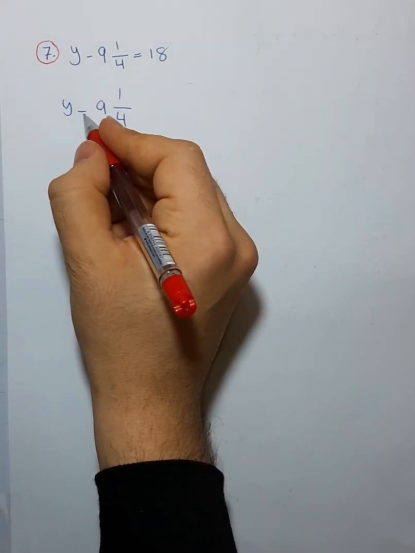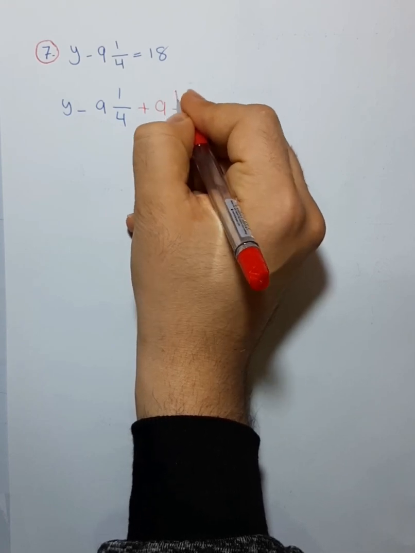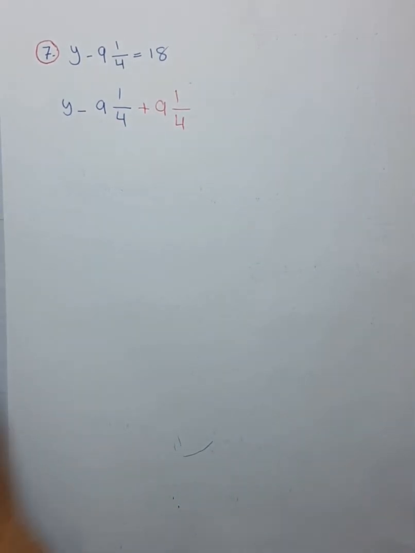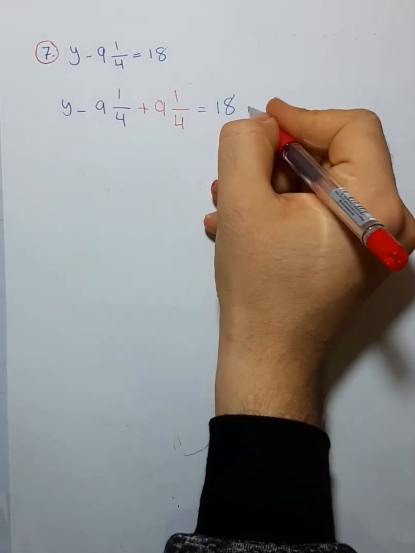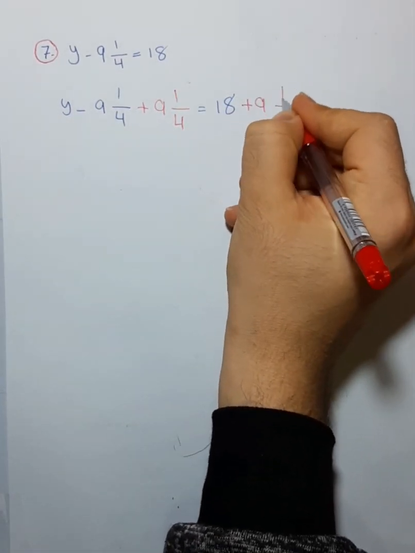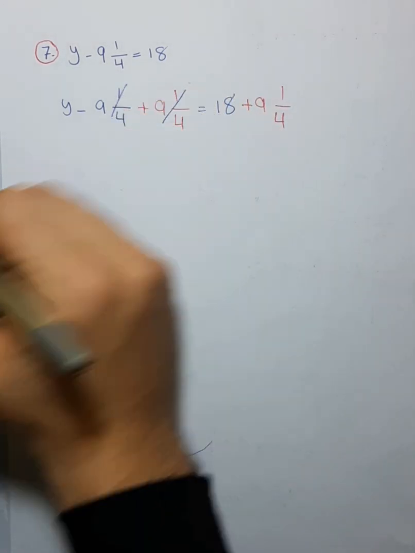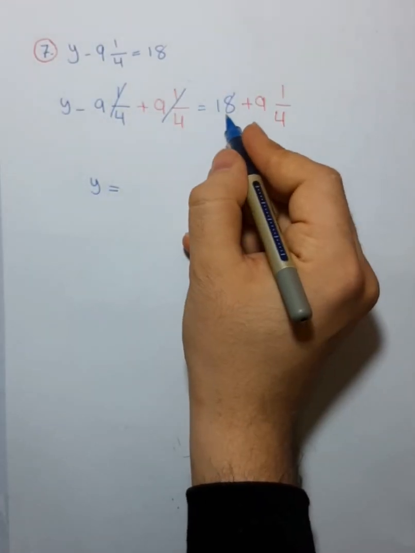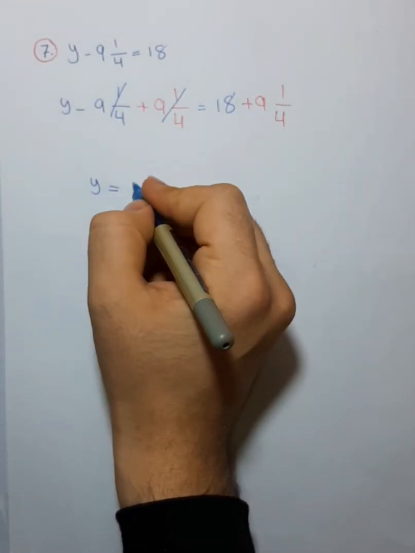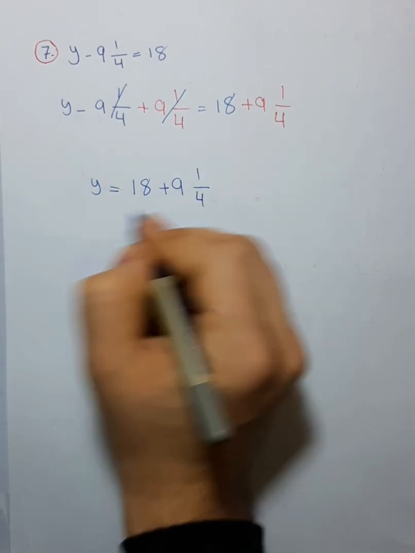The inverse of minus 9 and 1 out of 4 is plus 9 and 1 out of 4, equal to 18 plus 9 and 1 out of 4. These two mixed numbers equal to 0. y equal to 18 plus 9 and 1 out of 4.